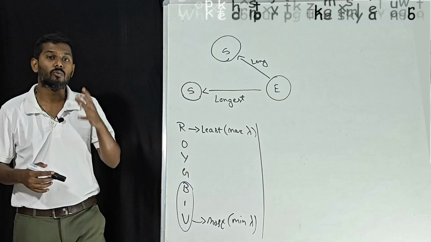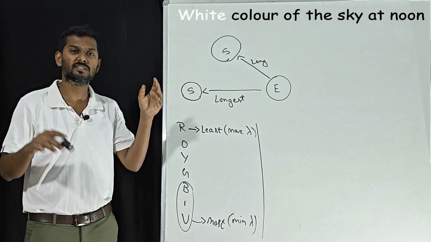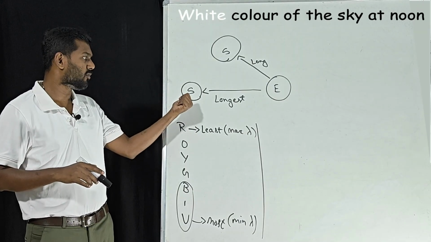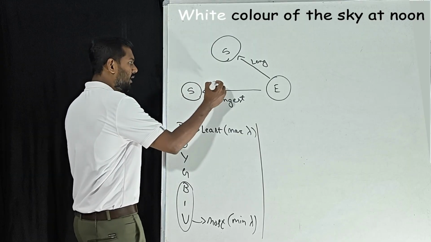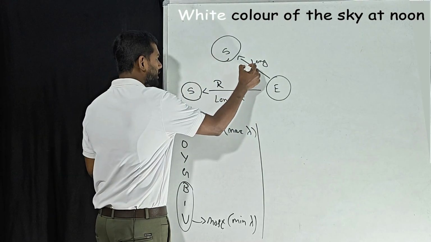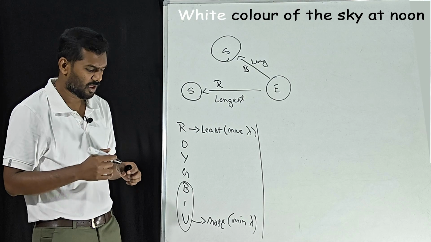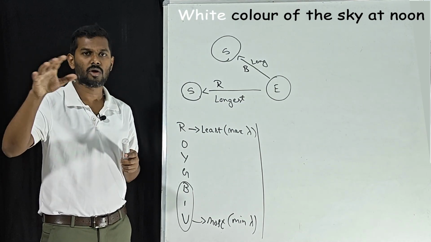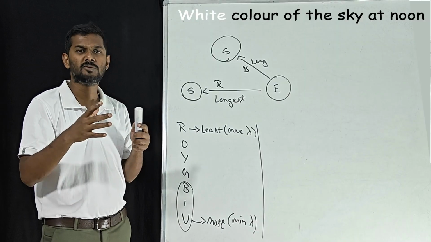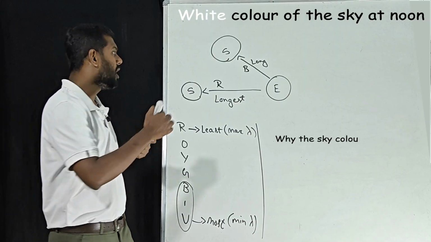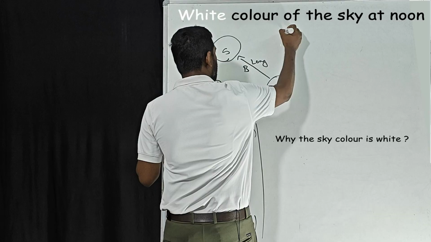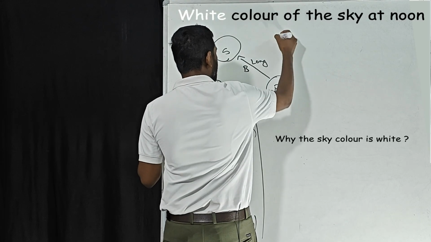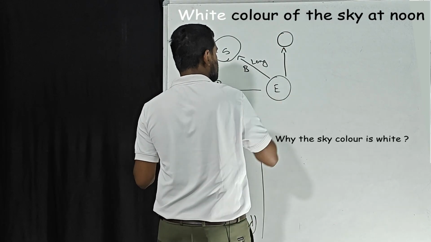Now we'll understand why sometimes the color of the sky is white. We have learned why sometimes it is red and why sometimes it is blue. Now we are going to learn why sometimes the color of the sky is white. See, during the noon, the afternoon, what is the sun's position? It is almost above our head, correct? Now see the distance.